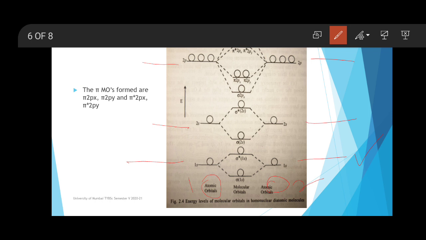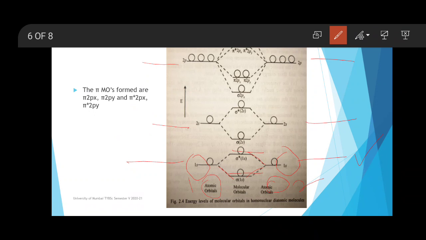As I said, during the formation of molecular orbitals, you have to keep in mind that whatever number of atomic orbitals overlap, the same number of molecular orbitals will be formed. For example, two 1s orbitals, one of the first atom and another of the second atom, when they combine, they form two molecular orbitals, one is sigma 1s and another is sigma star 1s.